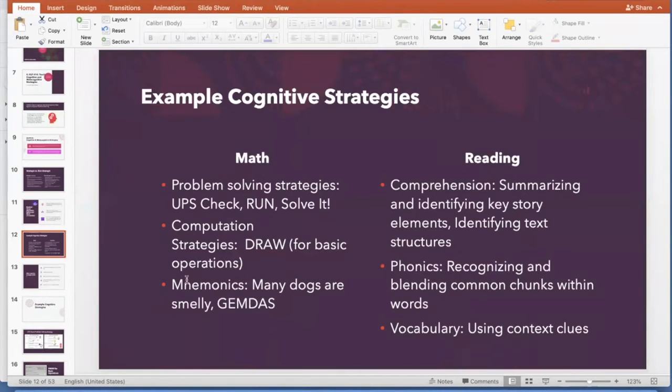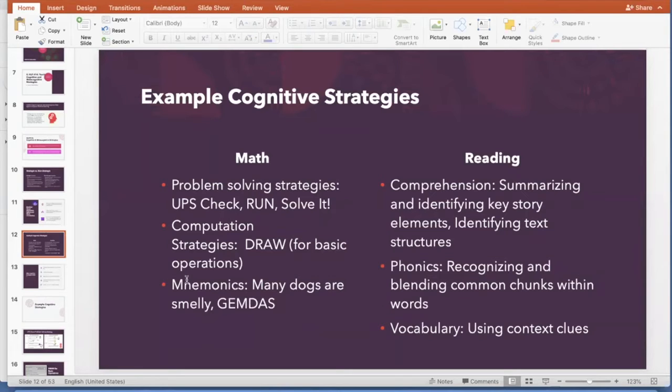So as we move forward and talk about cognitive and metacognitive strategy instruction, how we can help students become more strategic learners, I wanted to give you some quick examples of cognitive strategies. In math, cognitive strategies are things like general problem-solving strategies or heuristics.